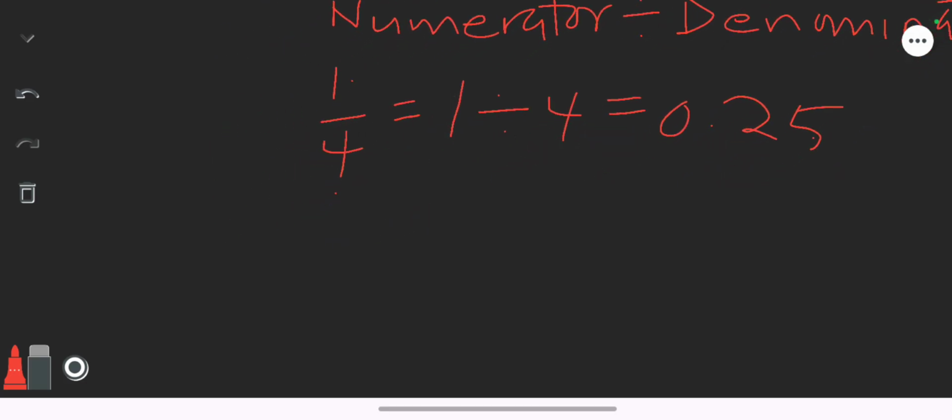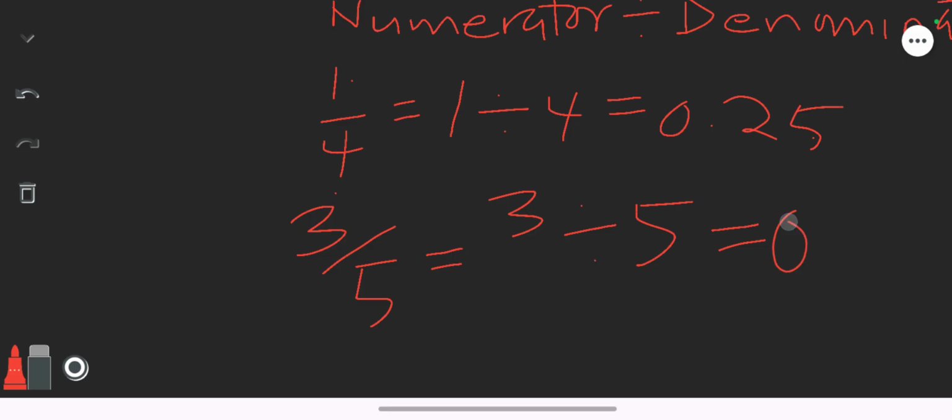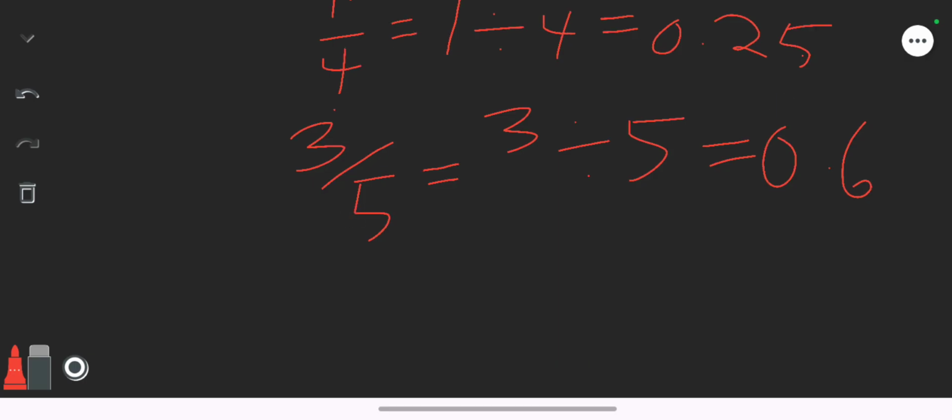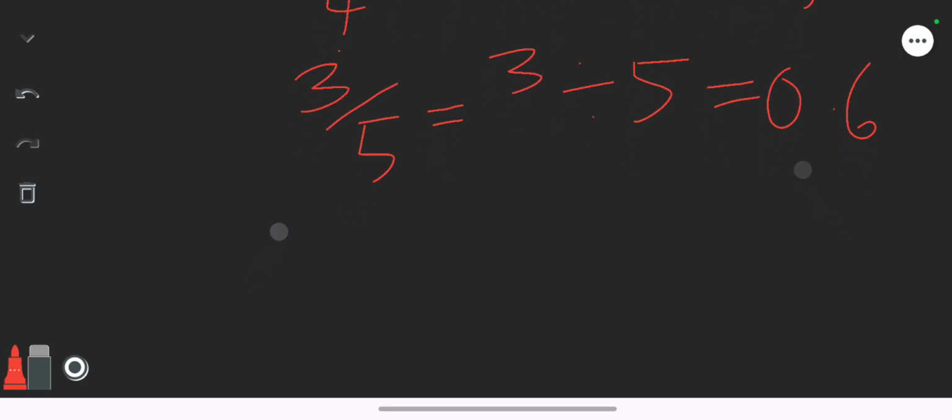Let's look at another example. If we have 3 over 5 as our fraction, then we divide 3 by 5, which is equal to 0.6. Simple as that.